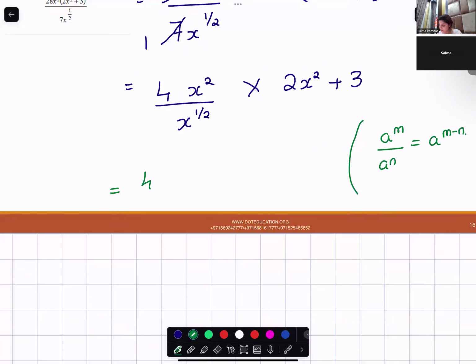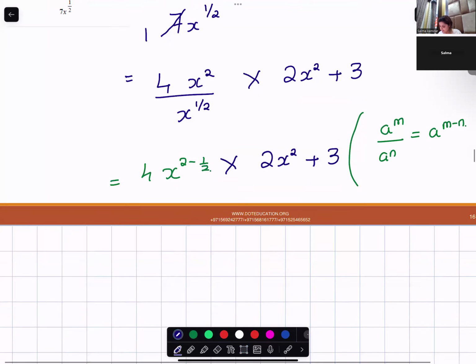So I will use the law for x raised to 2 minus 1 by 2. I would multiply and keep this the same over here and copy it forward. So what does this become?